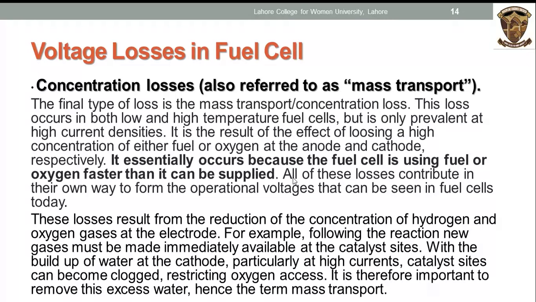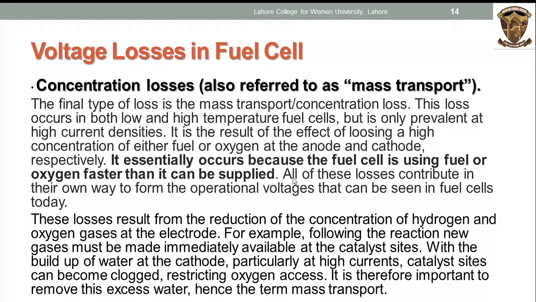All of these losses contribute in their own way to form the operational voltages that can be seen in fuel cells today. So concentration loss means that the concentration of the fuel and the oxygen is going to be reduced. So supply of fuel and oxygen is less as compared to their utilization.